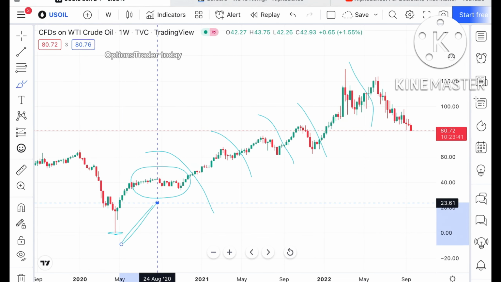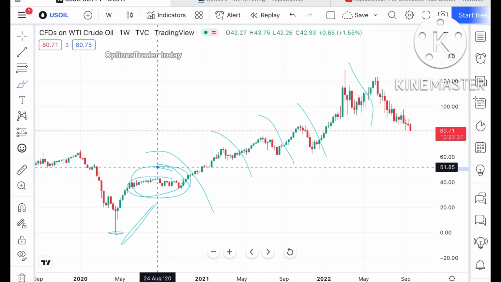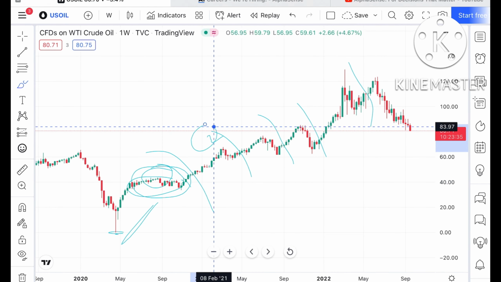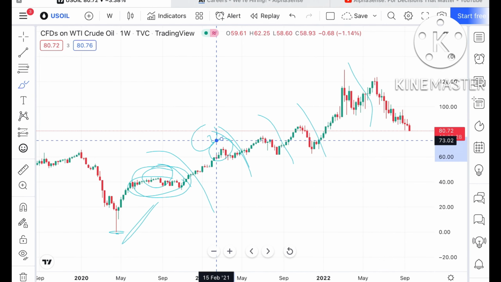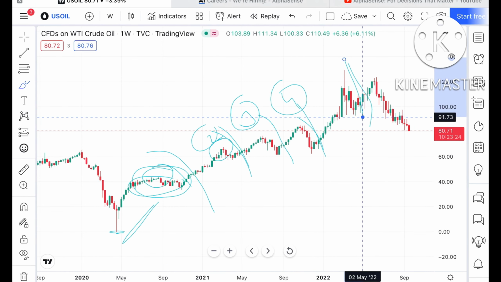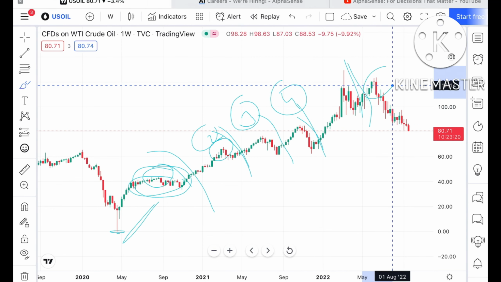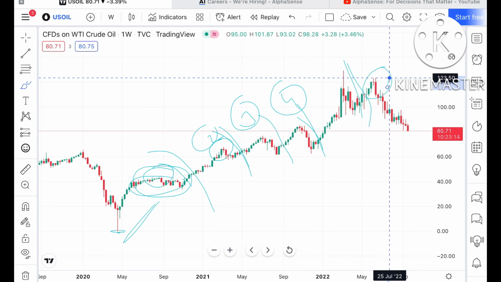After making this negative point, it tried to move up, made a high in a zone, and from this high a sharp fall has followed. Whenever it goes high, it makes a sharp fall. We have seen this for the second time, third time, fourth time and fifth time. It was trying for the sixth time, but it hasn't broken the particular high and made a high of around 123.50, and from there it is continuously moving down.